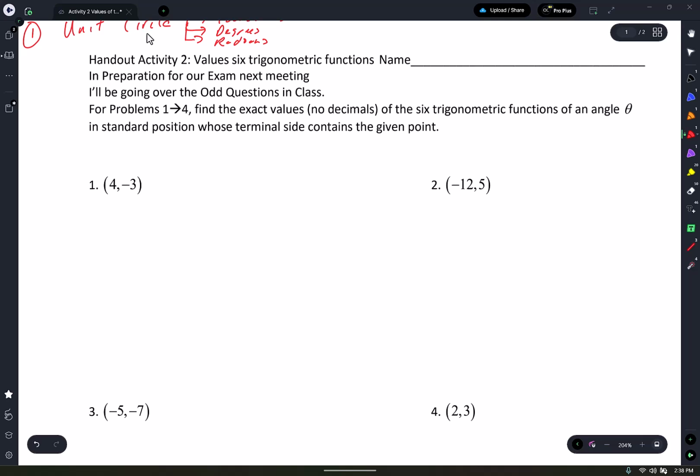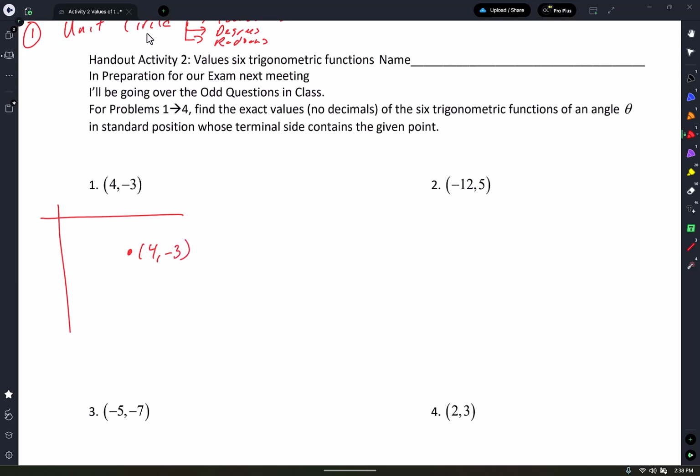It says find the exact values, no decimals, of the 6 trig functions of an angle theta in standard position whose terminal side contains a given point. So (4, -3). What quadrant is that point in? The 4th. So I'm going to exaggerate quadrant 4, and you don't have to be perfect. I'm going to say that's (4, -3) right here.